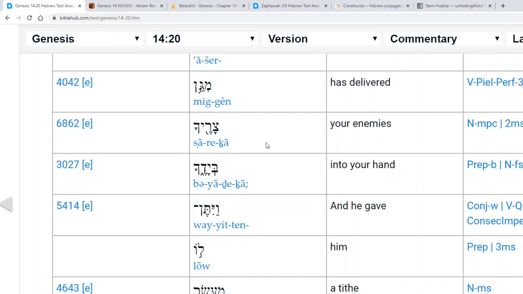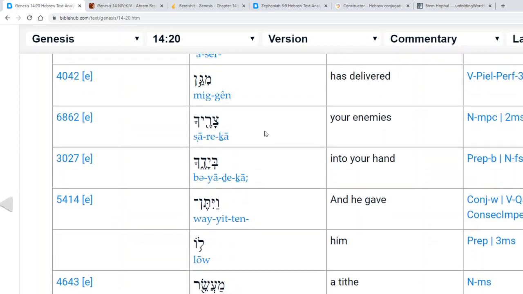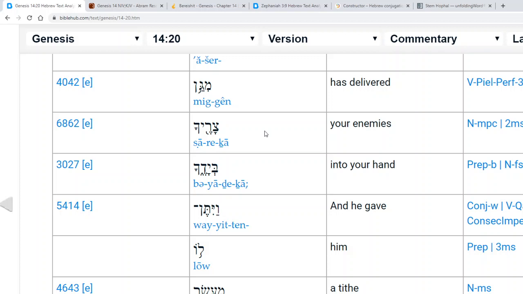Migen tzarecha, right? Your enemies. Be yadecha, right? No, okay. He shielded your... He delivered them into your hands. He put them into your hands. That's how I would translate it. That's what was confusing me, because migen beyadecha, right?